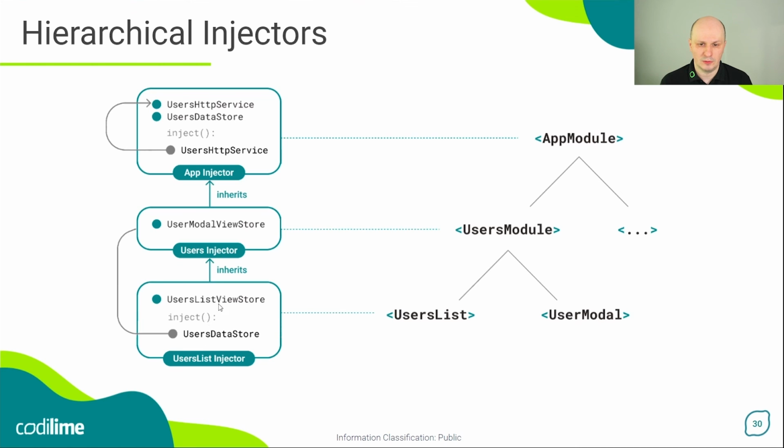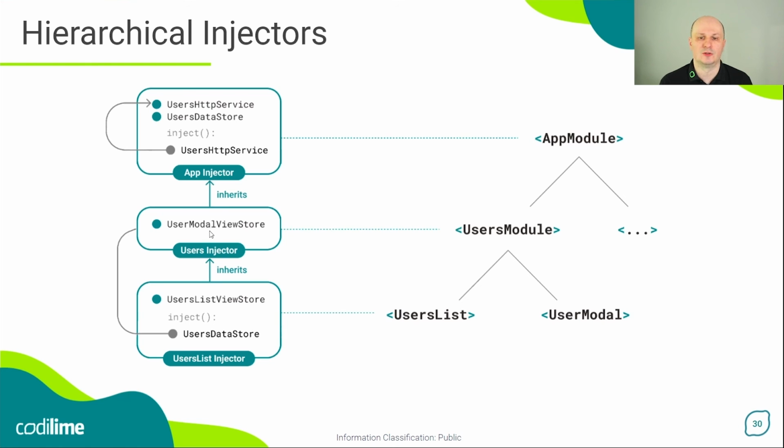So if list view store requires users data store dependency, then this injector first tries to find itself if it's already provided here. If not, it goes upper to the parent injector and asks, hey, maybe you have users data store.